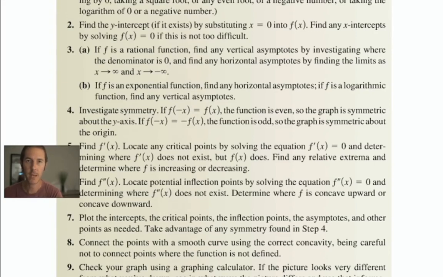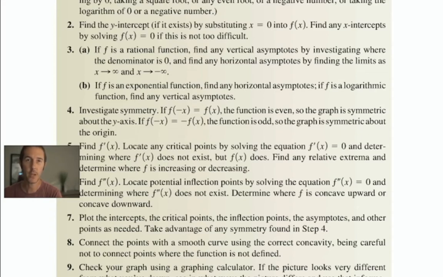So if you had a 3x squared in the numerator and a 5x squared as your largest degree term in the denominator, then 3 over 5 would be the fraction made of your leading coefficients, and y equals 3/5 would be your horizontal asymptote.